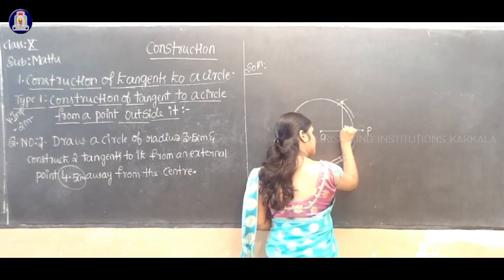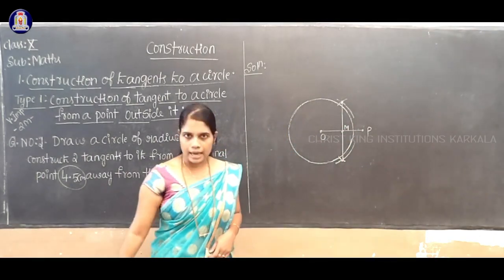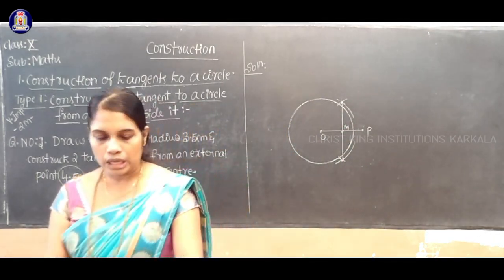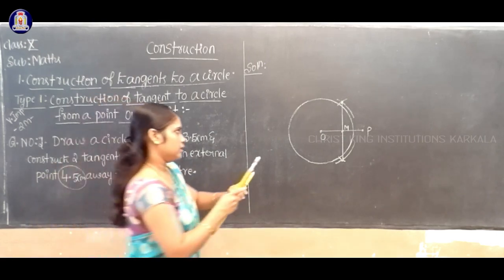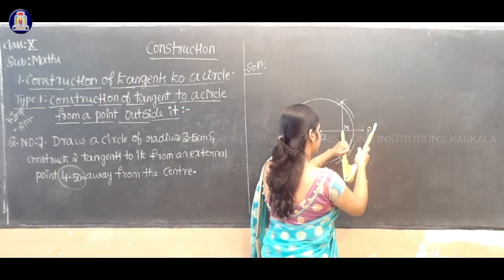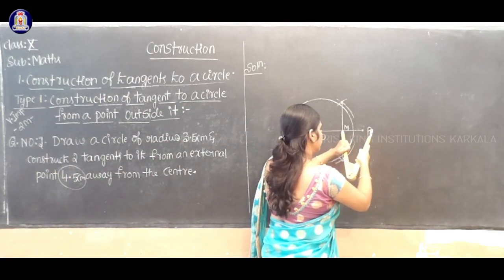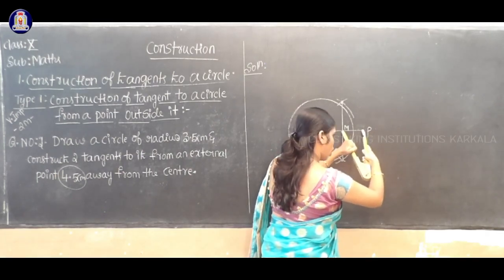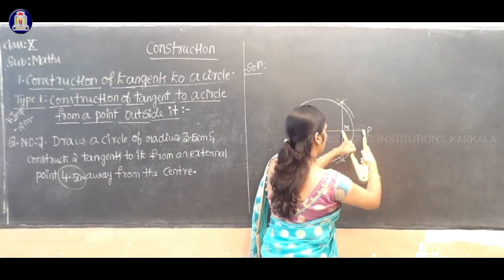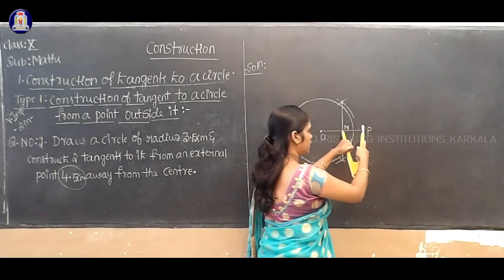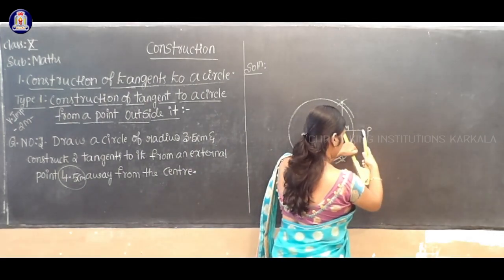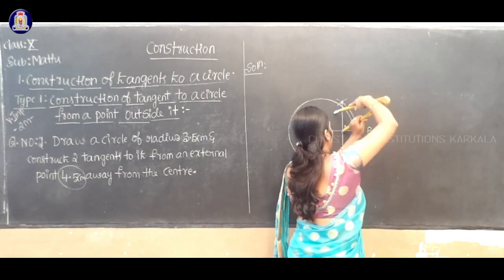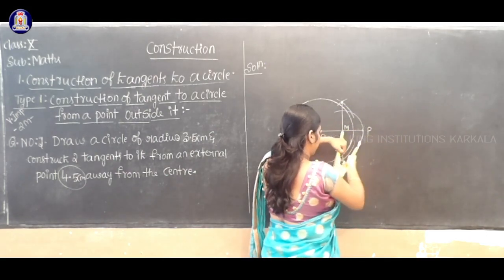I will mark that point as M. Now by taking M as a center and MP as radius, I will draw one circle.